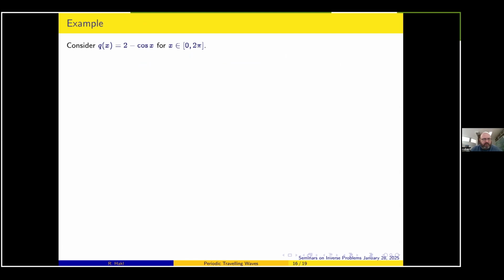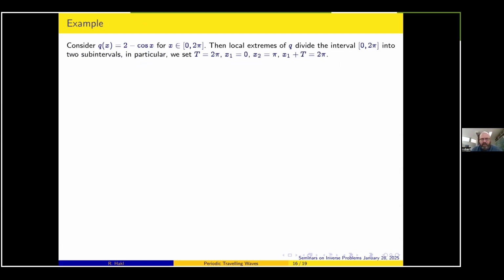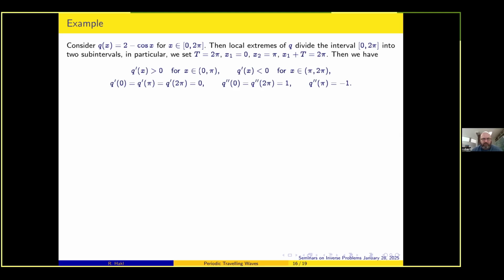We will assume that the function q is 2 minus cosine x, and the whole interval is 0 to 2 pi, and this can be divided into two subintervals, 0 to pi and pi to 2 pi. On every interval we have the derivative of q positive on the first interval and negative on the second interval.